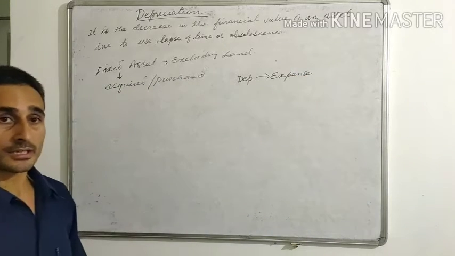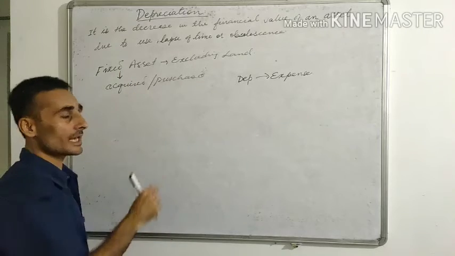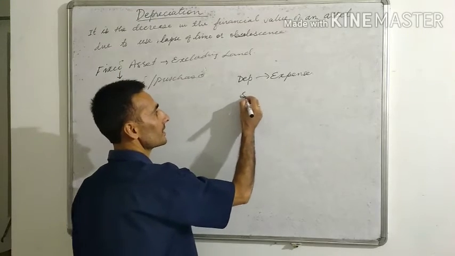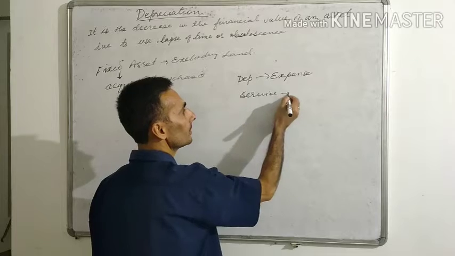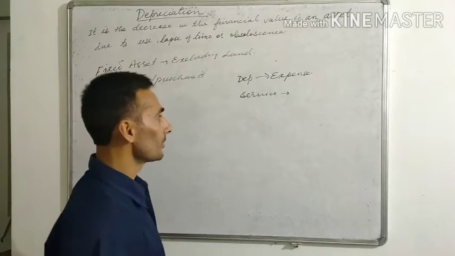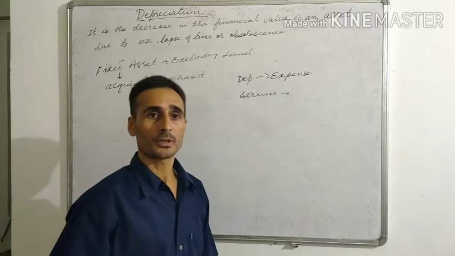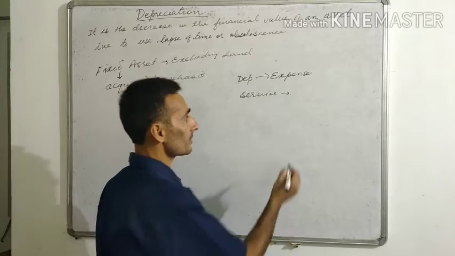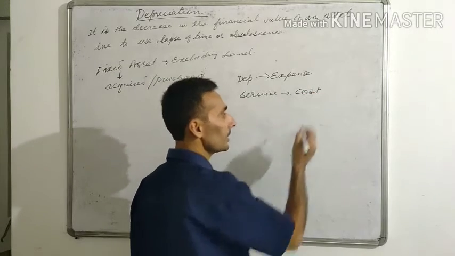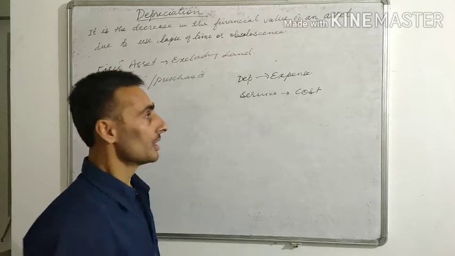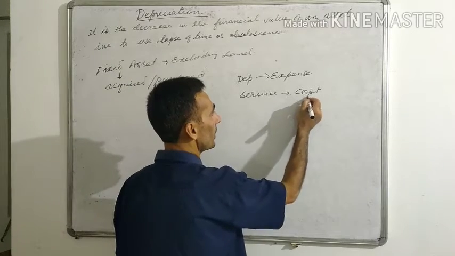Why is it considered as an expense? Because this asset gives what? This asset gives service to the business, and no service is received free of cost. There is cost involved with the service, right? So this cost is known as what?